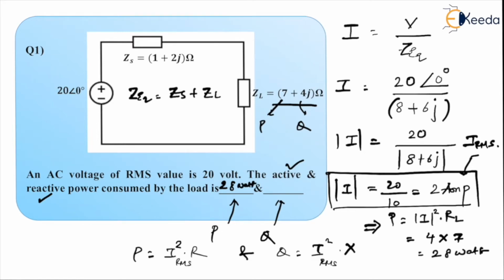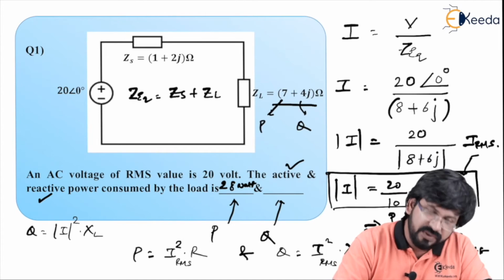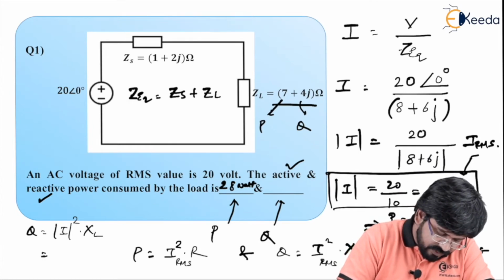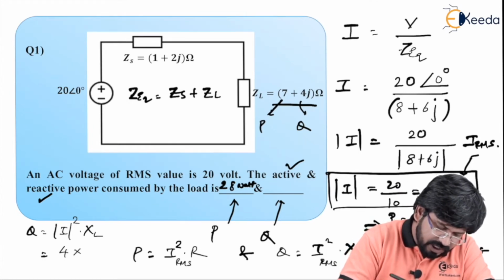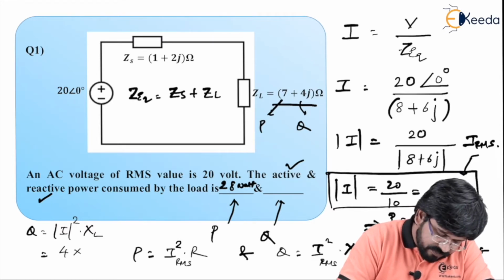Whereas to get Q, it is simply magnitude of I square times XL. XL here is not inductive reactance; it is nothing but the reactive part of the load, that is ZL. So now it becomes 4 multiplied by the reactive part of the load, which is 4. So it comes out to be 16.